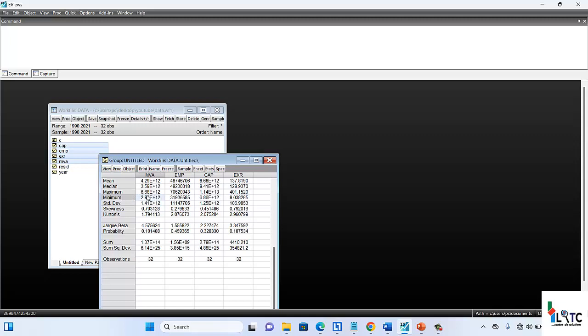But you may not really need to interpret that when you are working on a research paper, particularly an article. But if you are an undergraduate student, you may need to provide more explanation. If you are writing an article, you don't really need to focus on the maximum and the minimum. The next thing is the standard deviation, particularly if you are working on a finance issue, maybe in financial economics.